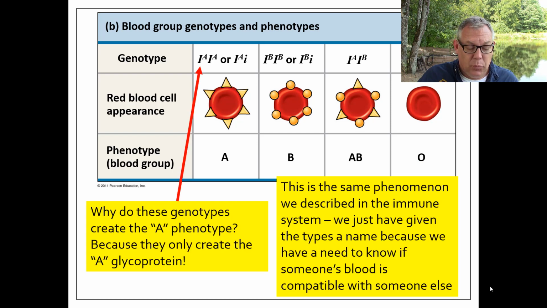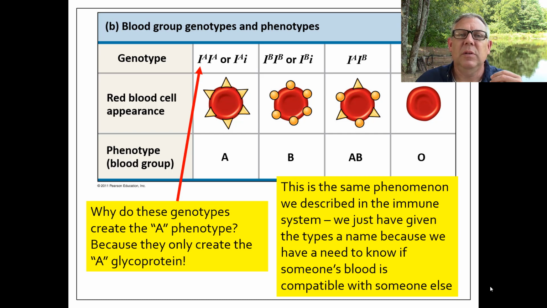And so this is what I just said. Why do those genotypes create the A phenotype? Because they only create the A glycoprotein. And this is just the same phenomenon that we talked about when we described the immune system. You've got different shapes of proteins on the cell surface that can be identified by your body. Every cell has proteins around it.